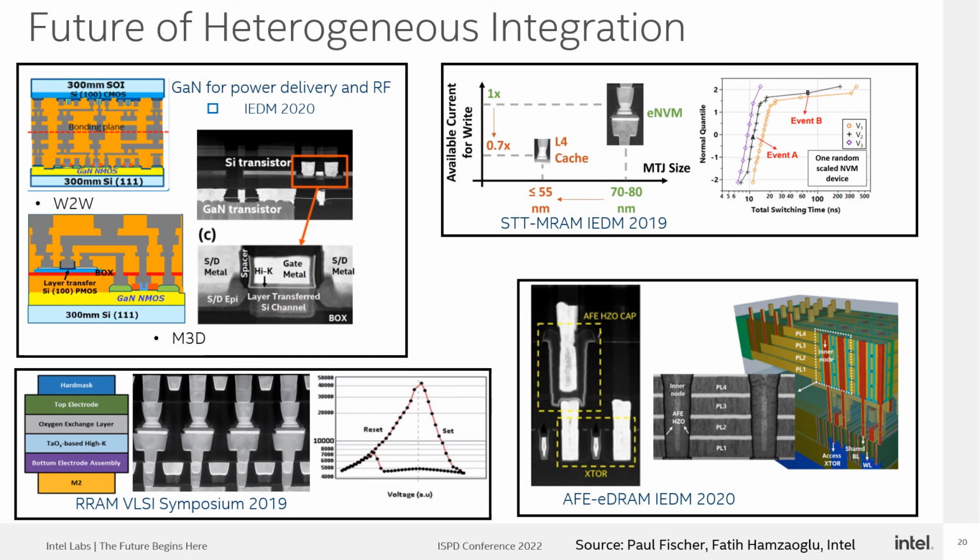Then compute can stay as is, and we can also integrate different memories. We have presented alternative memories that we can manufacture: RAM, STT-MRAM, anti-ferroelectric eDRAM. All of those were published, and the graphs show that they are functional, and they can be integrated if required by a product to give better value.